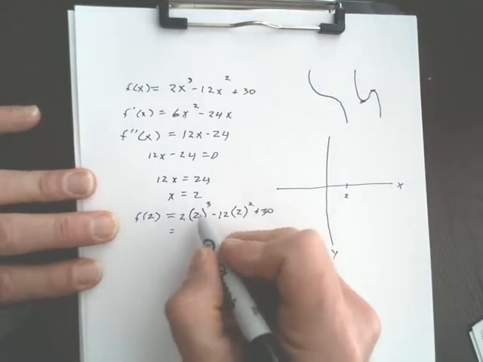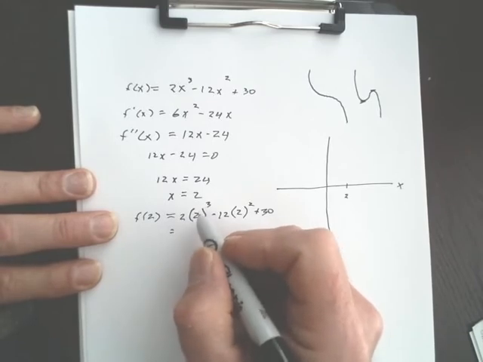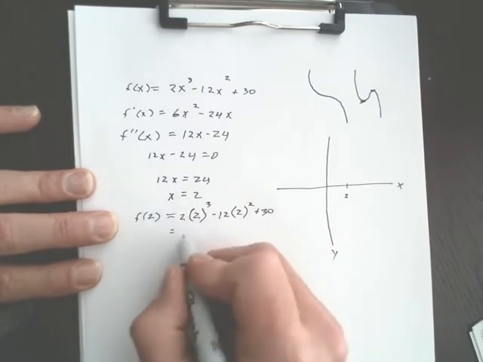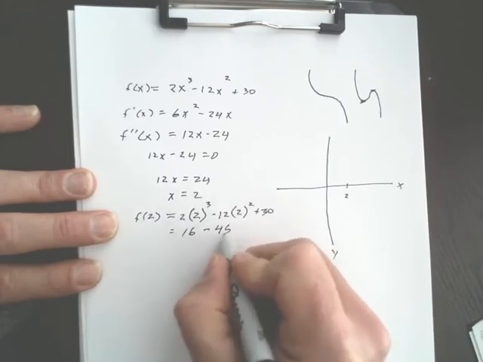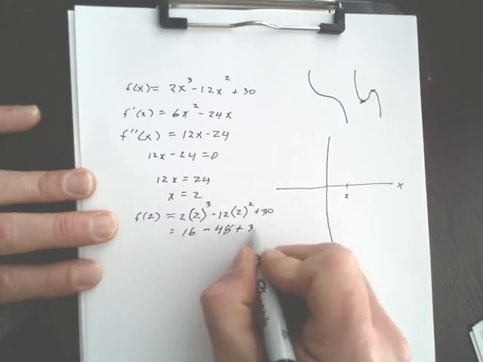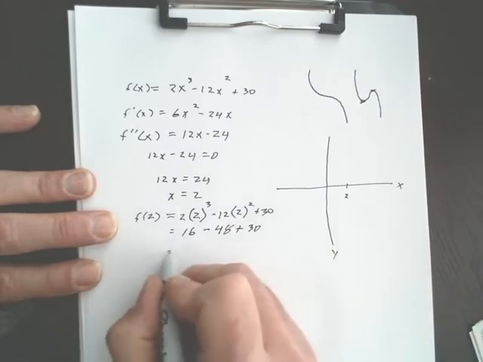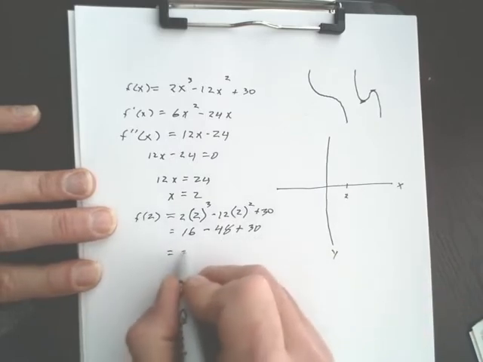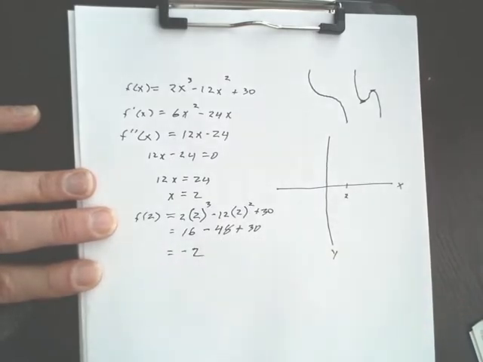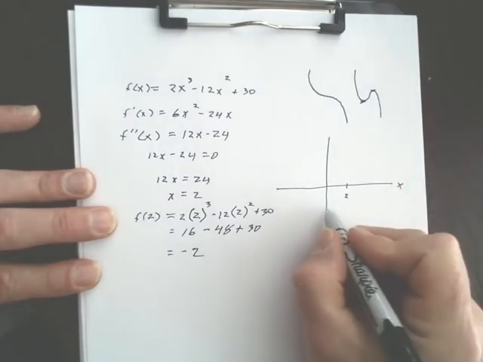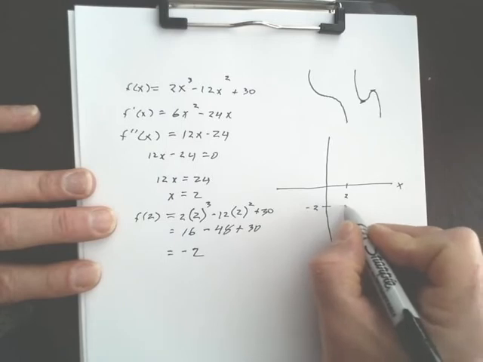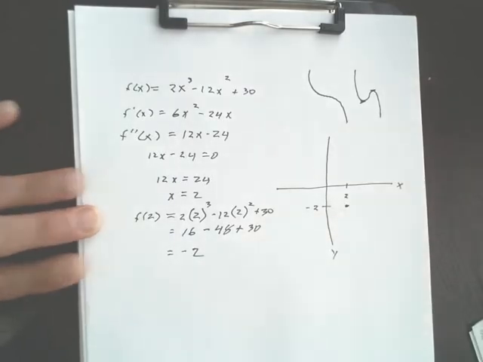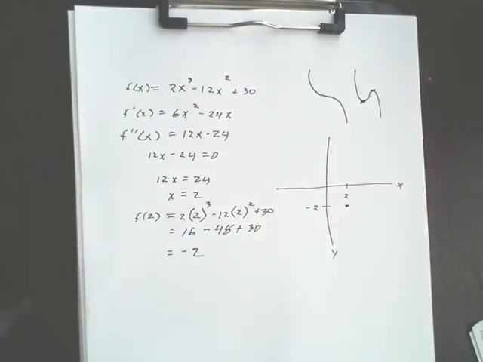Now 2 cubed, 2 times 2 is 4, times 2 is 8, so that equals 16, minus 48 plus 30, and that equals negative 2, okay? So our inflection point is at (2, negative 2). It is right there. Okay, that's our inflection point.